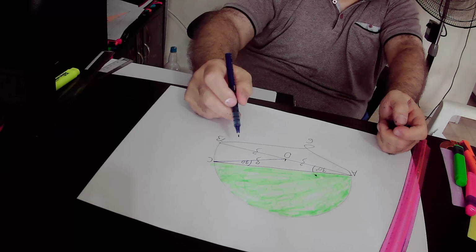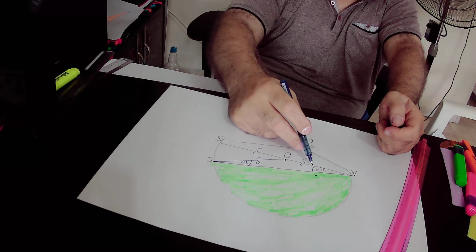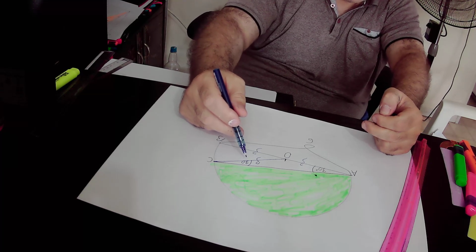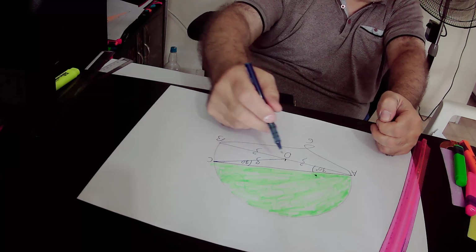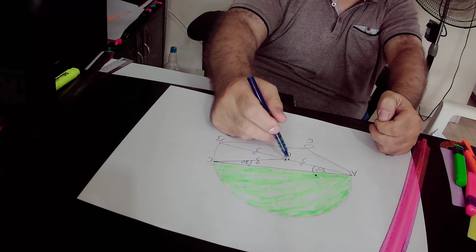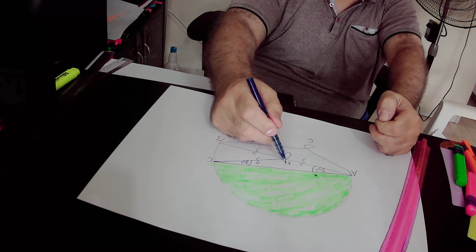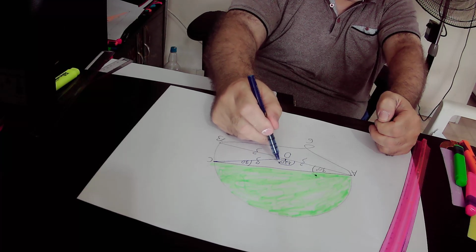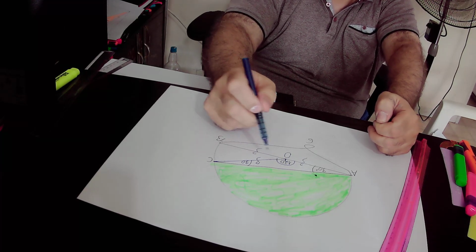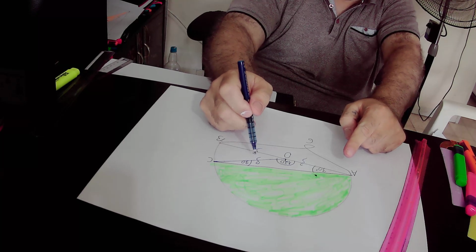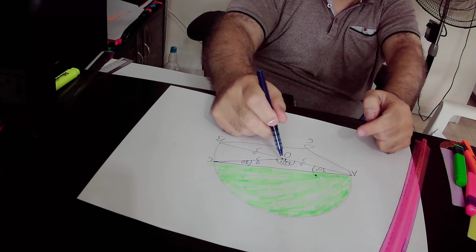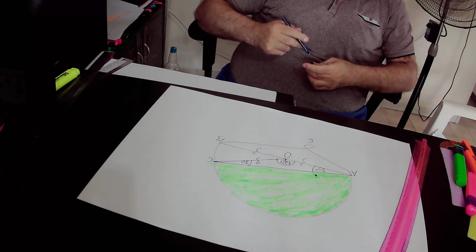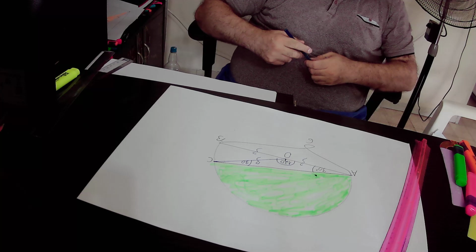So, in the triangle AOC, this angle equals 30 degrees, this angle also equals 30 degrees, 30 plus 30 is 60 degrees, therefore the missing angle must be 180 minus 60. According to the rule that the sum of the angles in any triangle is equal to 180 degrees, in order to complete the sum of the angles in this triangle to 180 degrees, this angle must be equal to 120 degrees.